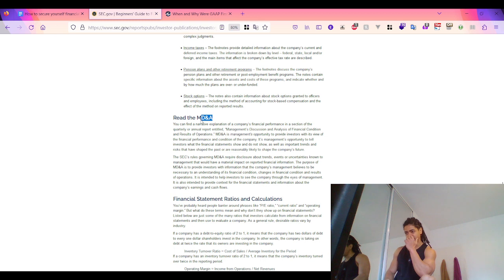So this section helps investors to look at the information through the eyes of company management, who believe that this is necessary to understand its financial condition and performance.